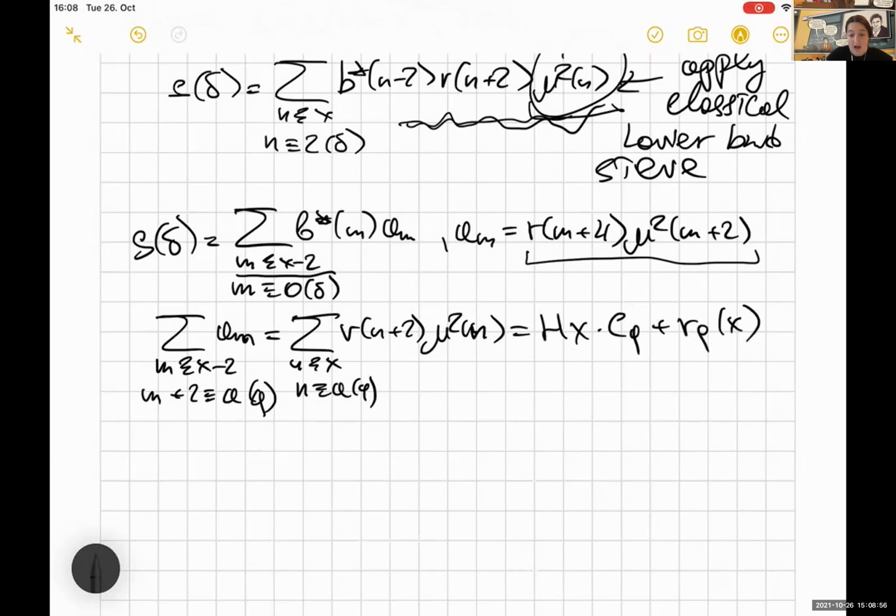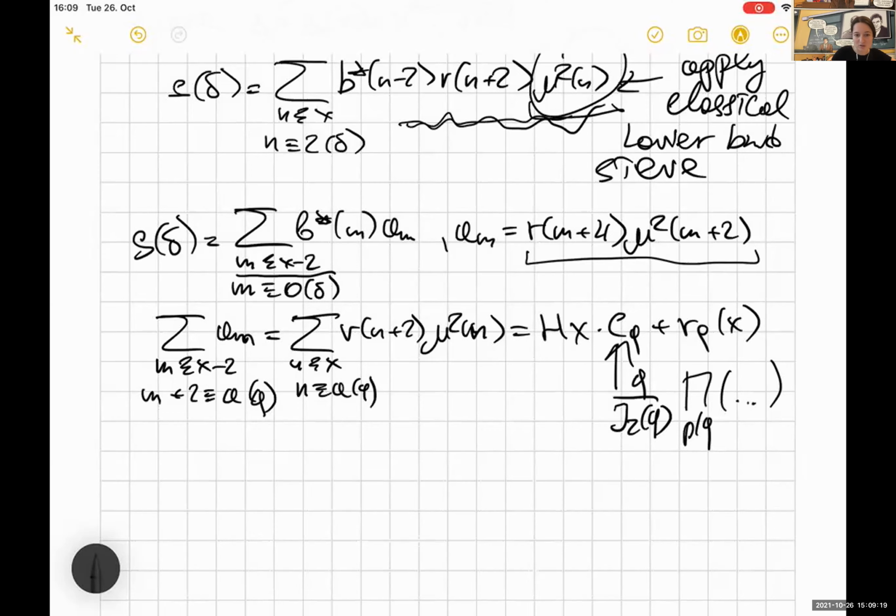Let me call it r sub q of x. This constant CQ is actually quite nice. If you look at it, it's going to be a nice function. So it's going to be like q divided by the generalization of the Euler totient function, so q divided by g2 of q times some Euler product. So these constants here, they are nice and they are meaningful.